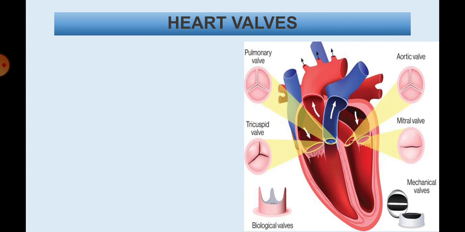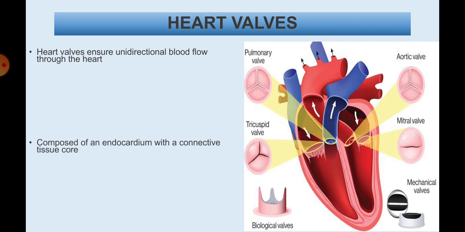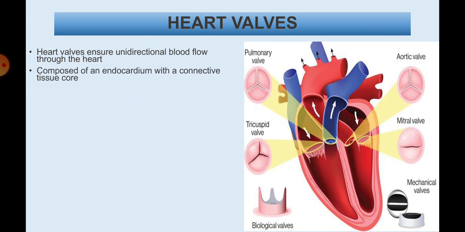Then let's know about heart valves. Valves are like doors. There are 4 valves in the heart, and heart valves ensure unidirectional blood flow through the heart.